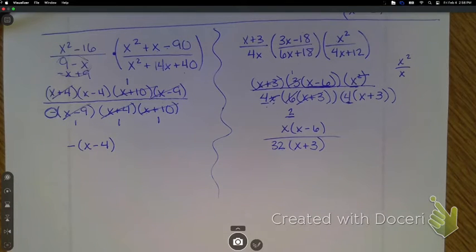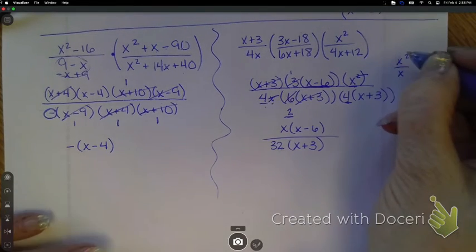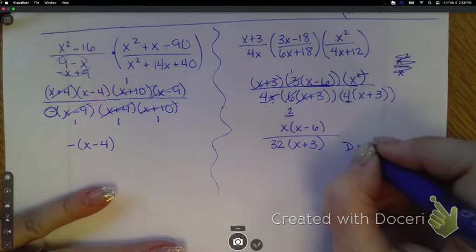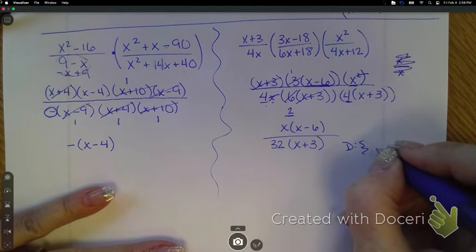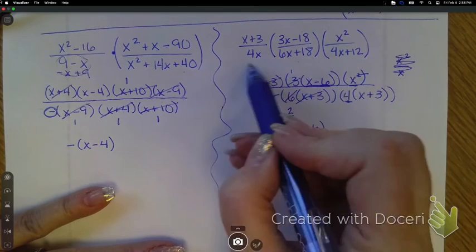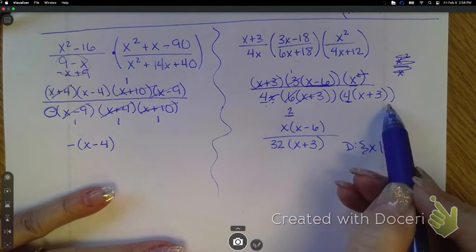Okay. So how'd it go? Yeah. Now, one thing I did forget is they're going to ask for your excluded values or the domain. Okay? I would rather you write it as a domain. So x cannot equal, now remember, x cannot equal any of the zeros of the denominator, whether we reduced it out or not.